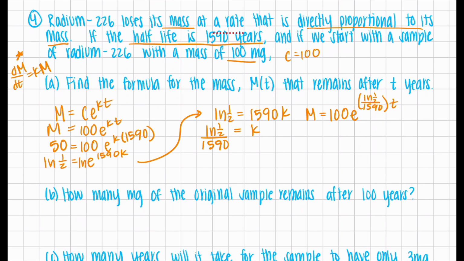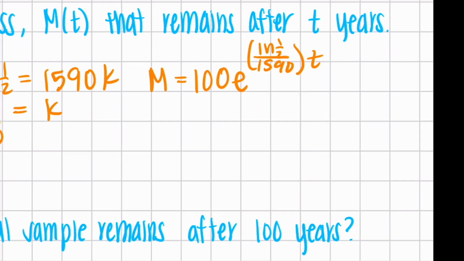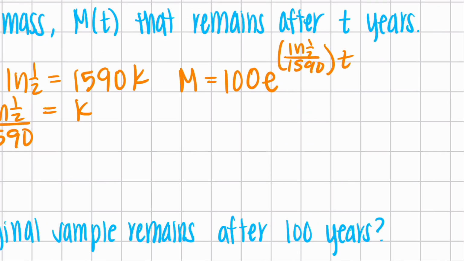Similar to what we did on one of the previous examples, let's clean up this equation a little bit. So I'm going to say this is 100e to the natural log of 1/2, or let's put the t in front. We're going to say t over 1590 times the natural log of 1/2. Use the power rule for logarithms.